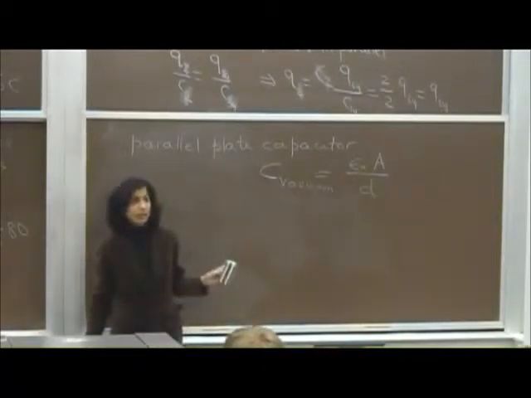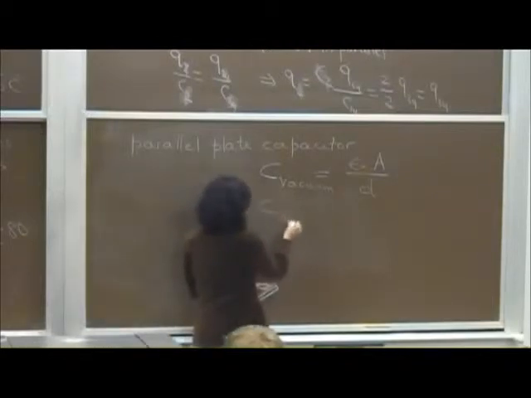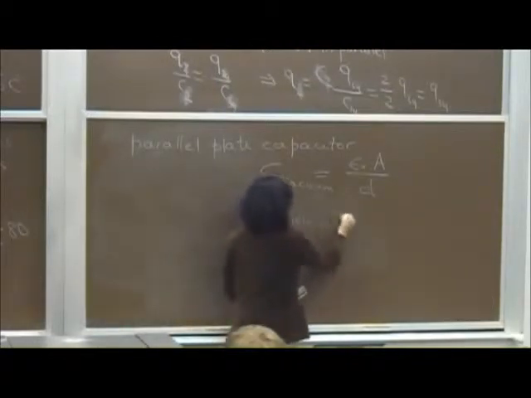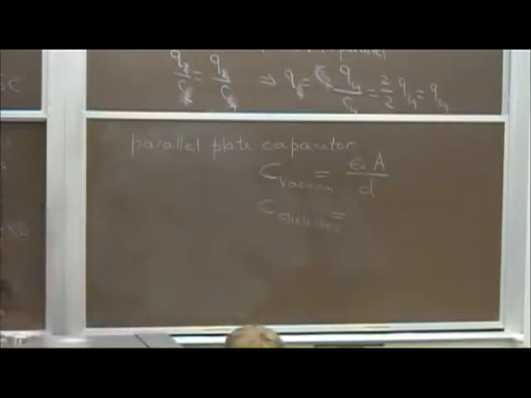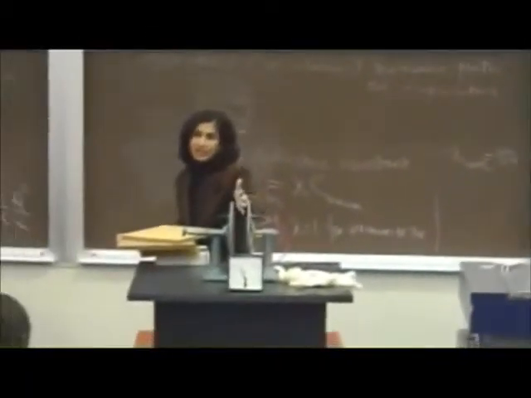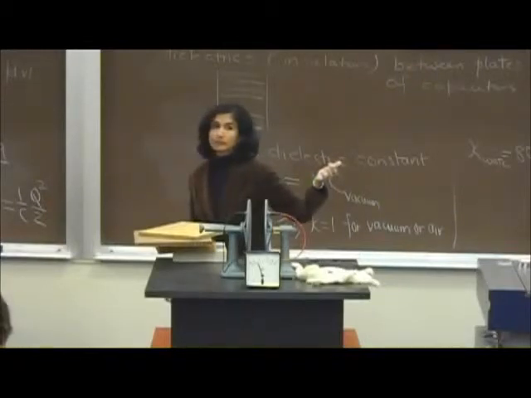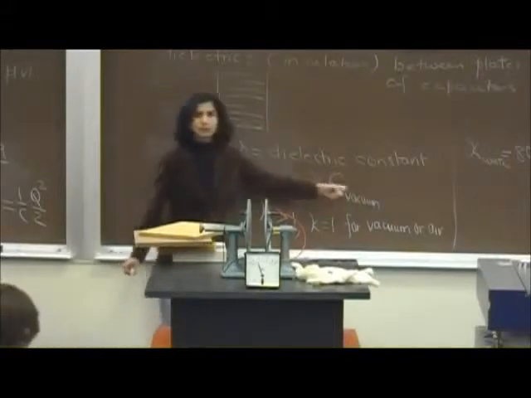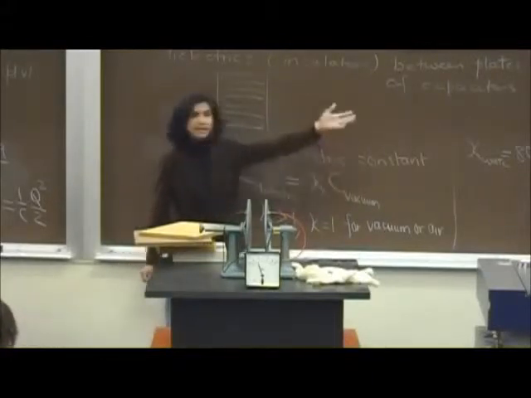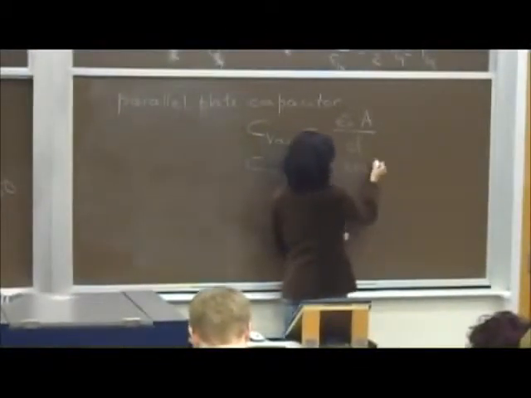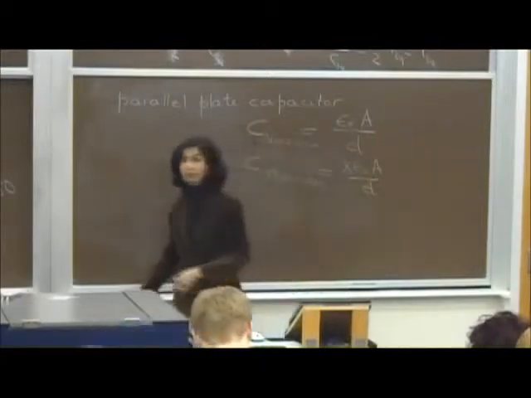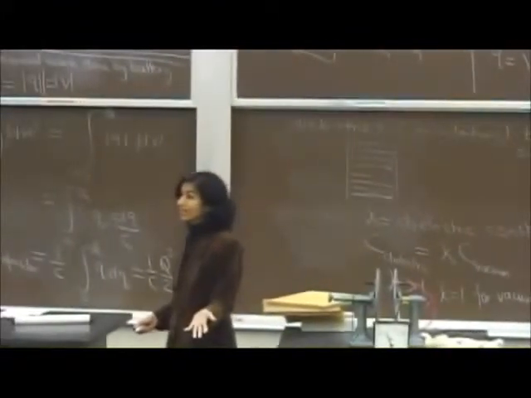Do you remember we had found it a few classes ago? So then what should be the C with the dielectric? Let's say that the whole region between the two plates is now filled with, say, water. Should it be kappa times that number? Yes. So now it will be kappa times epsilon 0 A divided by D. For water, the capacitance will increase 80 times if kappa is 80, right?